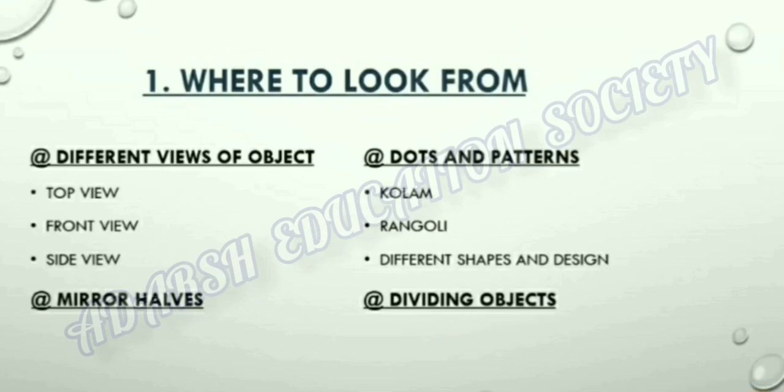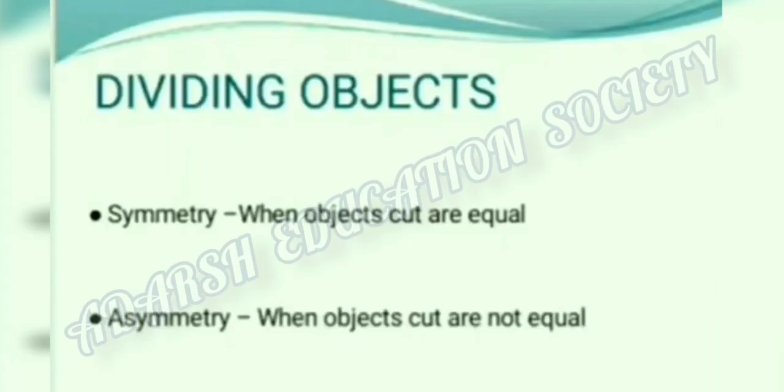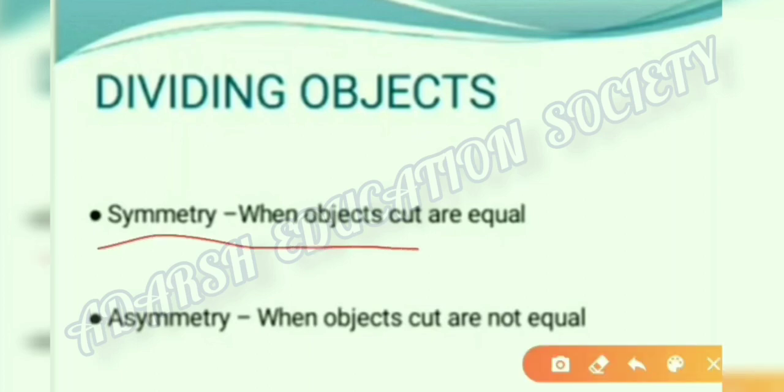Okay, we are going to divide an object to check whether the two pieces we cut are equal or not. If the two pieces we cut are equal, then it is called symmetry. Symmetry is when the objects cut are equal.